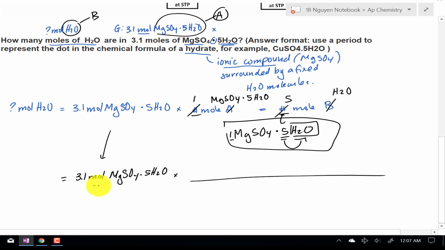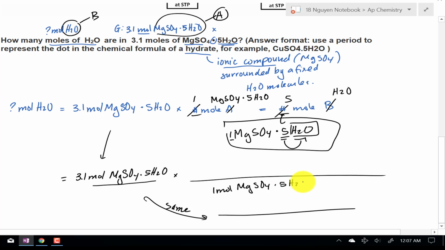And again, I'm looking at the previous one, moles of magnesium sulfate pentahydrate. So down here must be the same as well. So we look at the conversion factor, and this part right here has the exact same unit and chemical. So we have 1 mole of MgSO4 times 5 moles of H2O. And what's going to be on top? The other part must be on top, which is 5 mole of H2O.